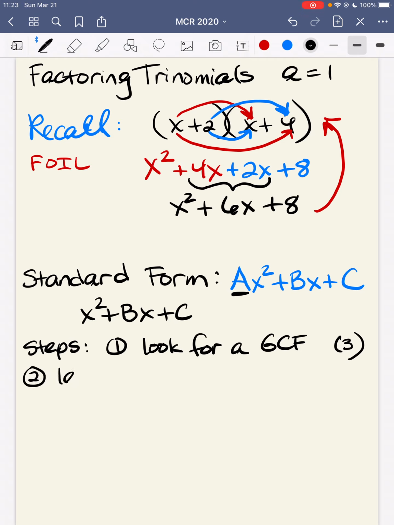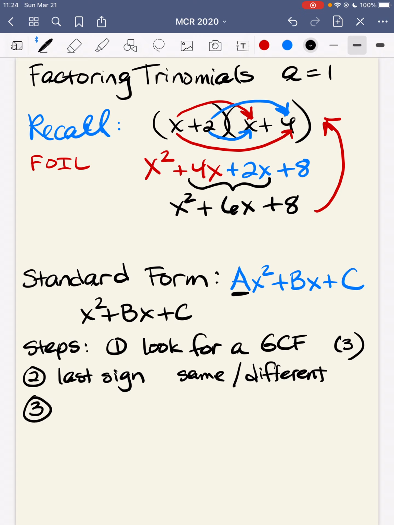And this will make more sense when I do one. And that sign is going to tell me if my binomials are going to have the same or different sign. So we're looking at that last sign, that third sign. We want to see if my signs are going to be the same or different. Okay.